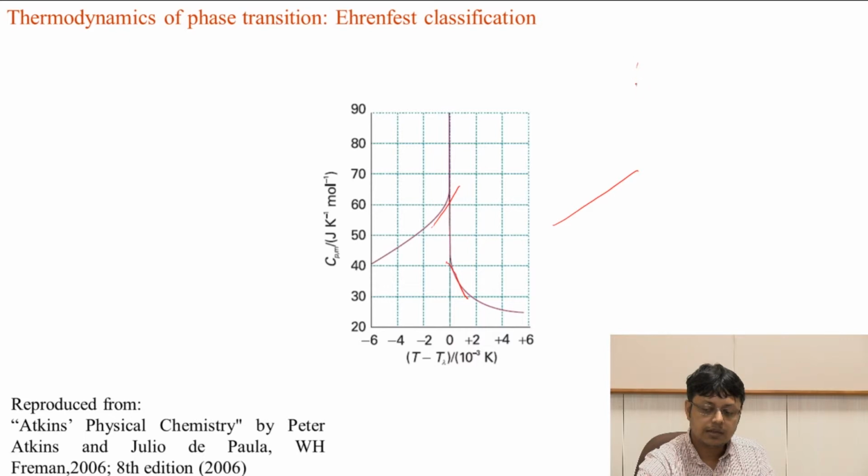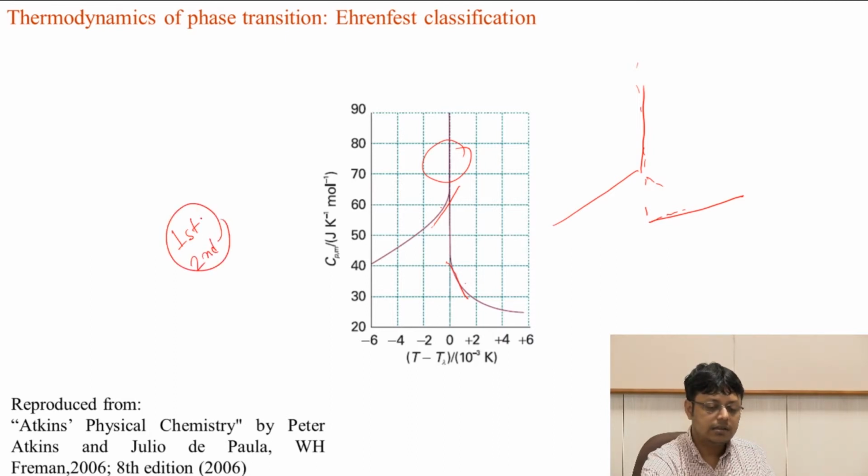In the first order case, we had something like this: the heat capacity goes all of a sudden infinite, and then again we have a change in the slope. However, in this case the slope is different, but the heat capacity is changing gradually, meaning that it is neither first order nor second order. It is a very specific example.